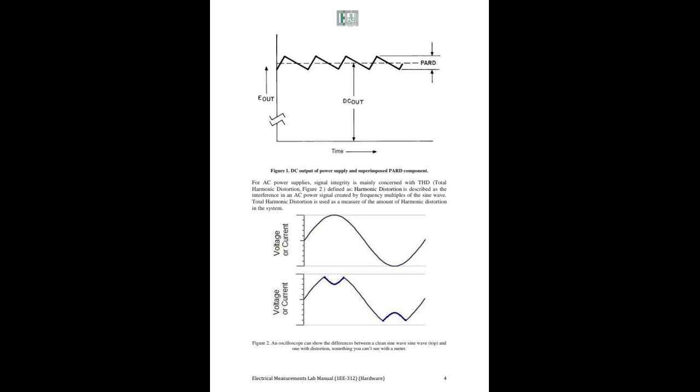Harmonic distortion is described as the interference in an AC power signal created by frequency multiples of the sine wave. Can you understand what is meant by total harmonic distortion? Suppose we have a 60 Hz signal. Suppose we have a signal like this, one cycle.